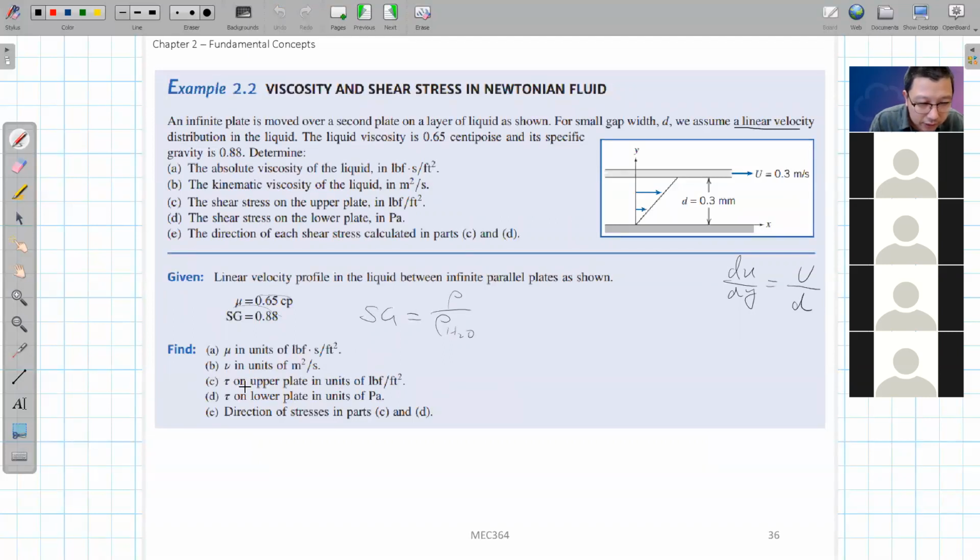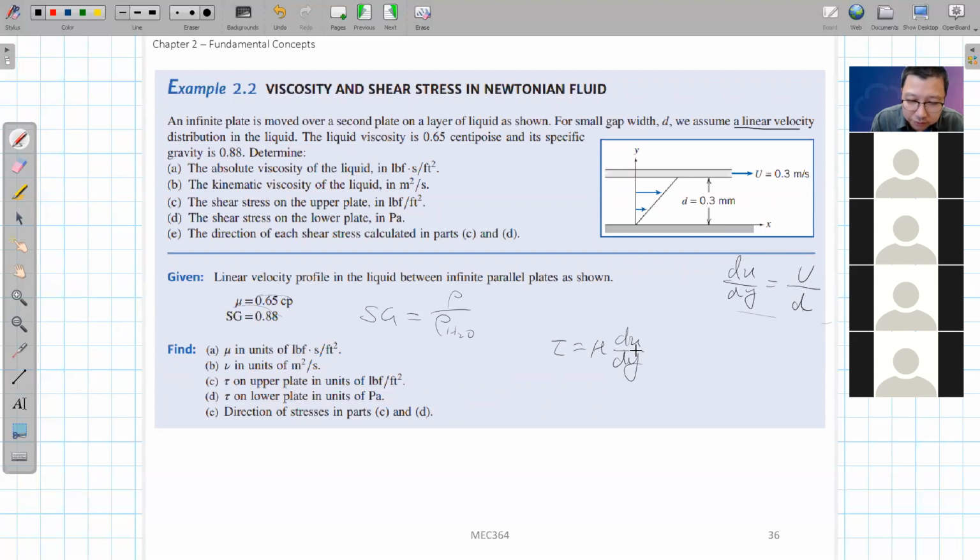And starting the next problems, question C is really asking us to calculate the viscous force, right? So viscous stress tau equals mu times du dy. And du dy is just equal to u divided by d, right? There will also be some unit conversion, because this u divided by d is in SI units, and the mu we derived before is in the EE unit system.